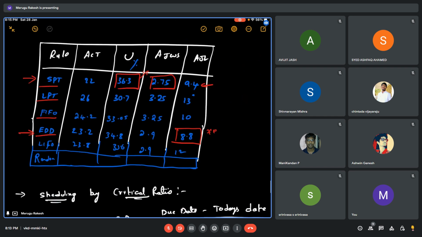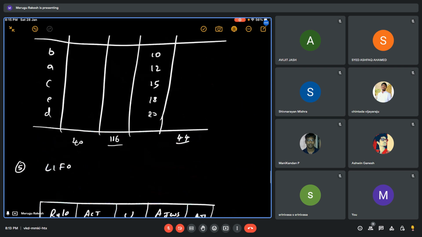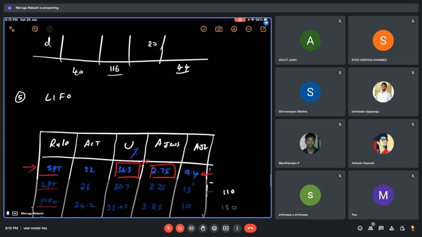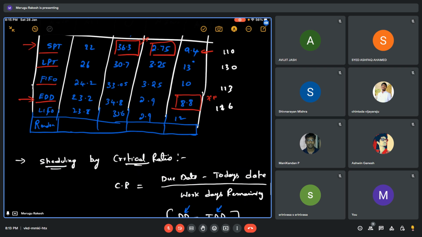So SPT is having 110, then 130, 113, something, 120, something, and earliest due date 116. Which is having the minimum? Right?